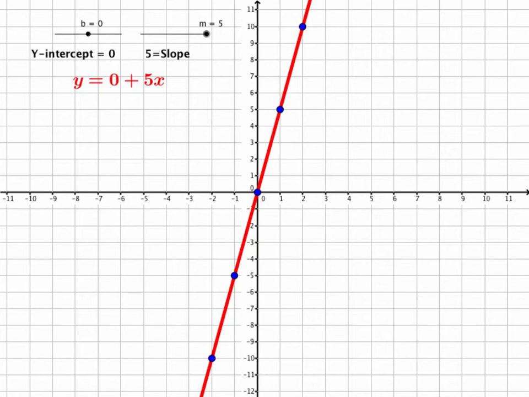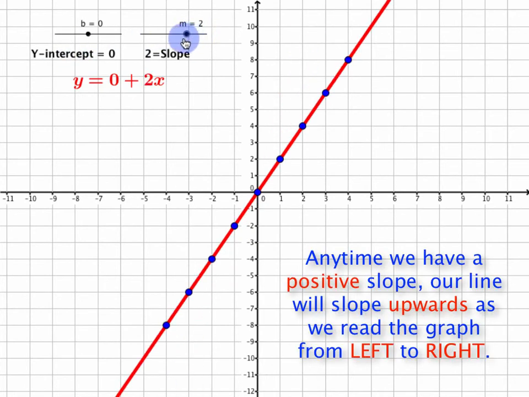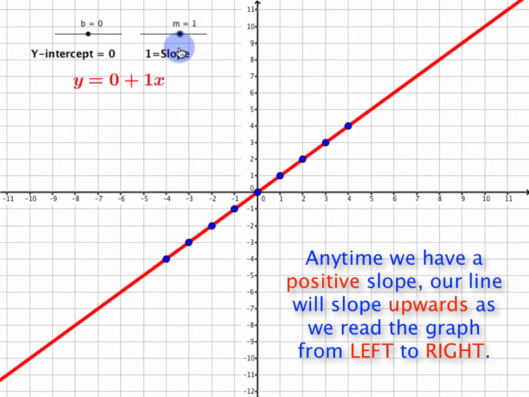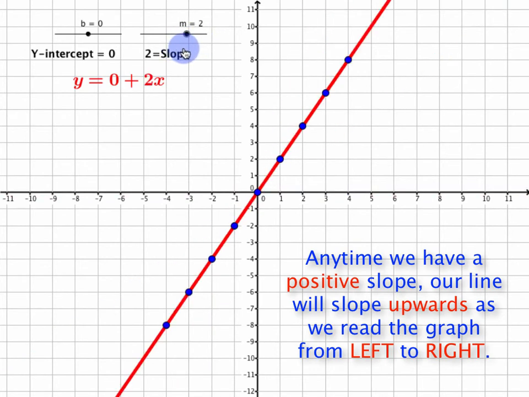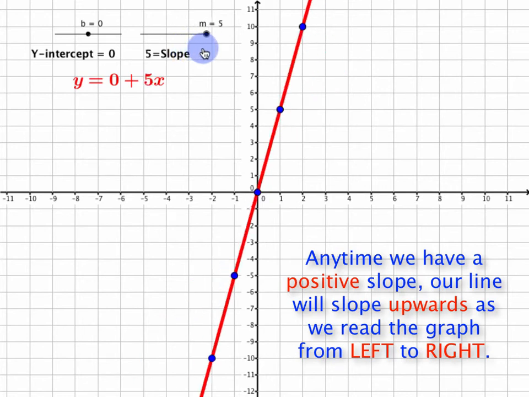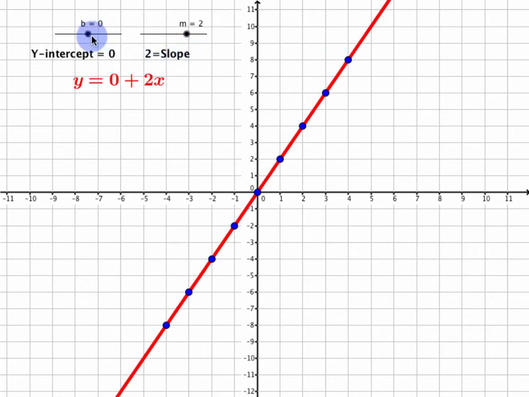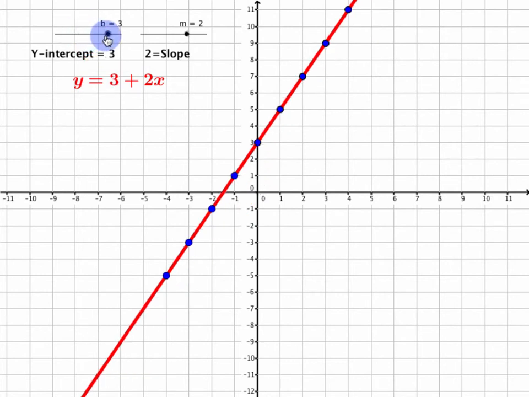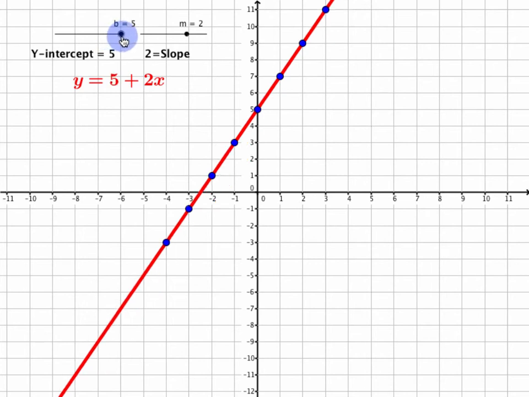And you can see that anytime we have a positive slope, our graph is going to go up as we read it from left to right. Of course, the greater the magnitude of that number, the steeper our graph is going to get. Of course, if we change the y-intercept, the slope isn't going to change, but the graph will shift up or down accordingly to make the y-intercept whatever that number may be.